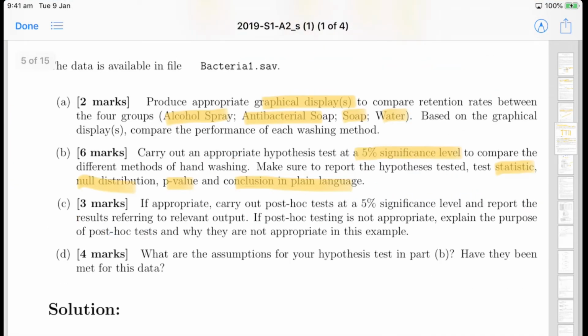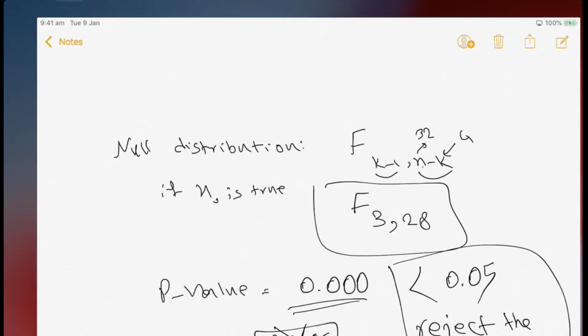What is part C? Part C is asking, if appropriate, carry out post hoc test at 5% significance level and report the results referring to relevant output. If post hoc testing is not appropriate, explain the purpose of post hoc test and why they are not appropriate in this example. So when do we do a post hoc? Very easy.